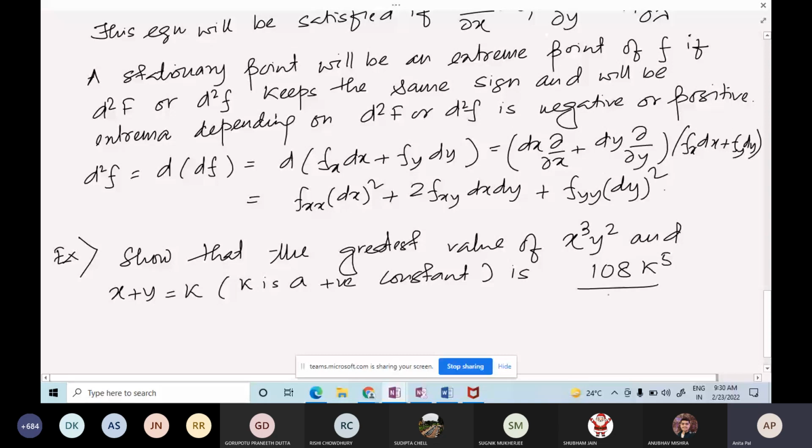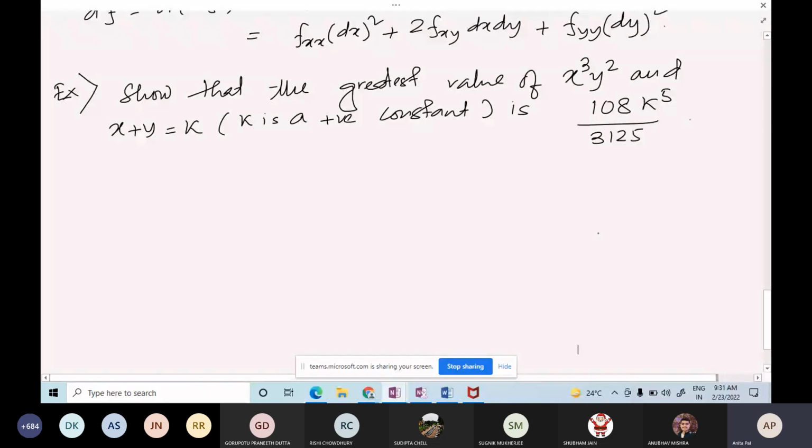We have to find the maximum value of x cube y square, and x and y are connected with the relation x plus y equals to k, where k is a positive constant.